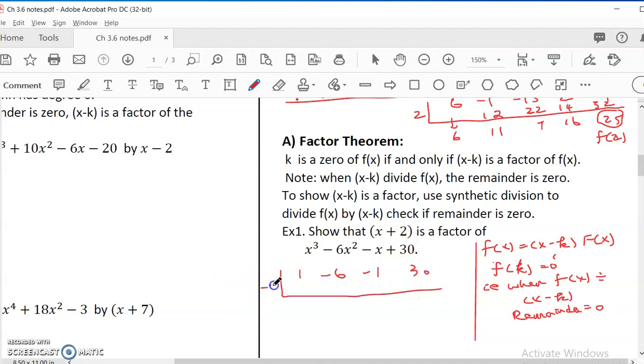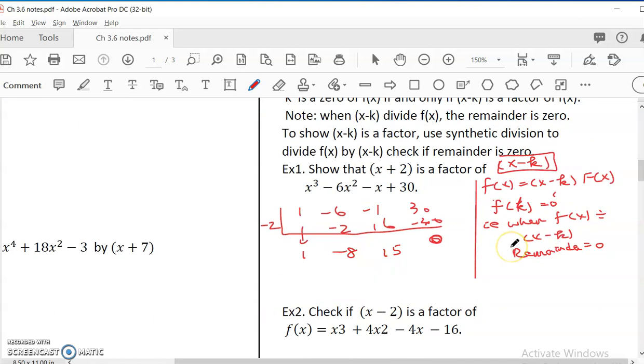That means negative 2, because we always divide by x minus k. Put down 1, times negative 2, plus negative 6 is negative 8. Times negative 2 is 16, and 16 plus negative 1 is 15. 15 times negative 2 is negative 30, and it is 0. So you have a remainder of 0. That means yes, x plus 2 is a factor.